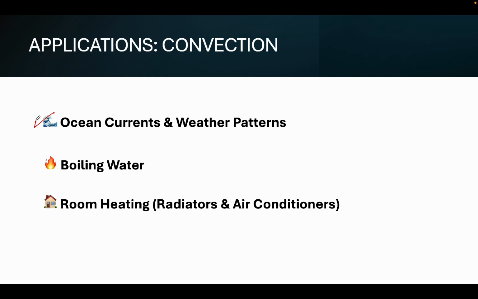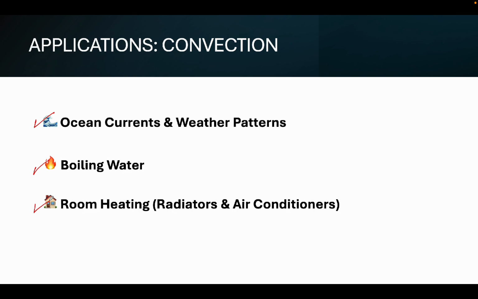Now, the second one, boiling water. When heating water in a pot, the bottom layer of the pot warms. It expands and rises while the cooler water sinks, also forming a convection current. So why convection? The heat transfer occurs through the movement of the fluid molecules. Okay, and then we have the third one, room heating, for air conditioners and radiators.